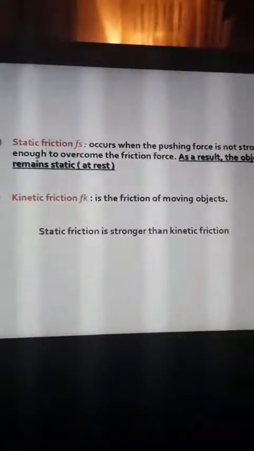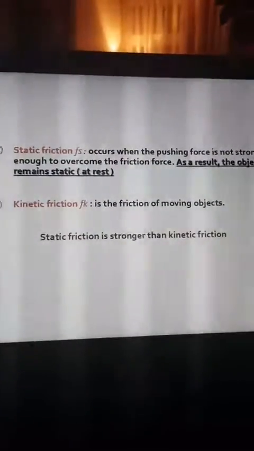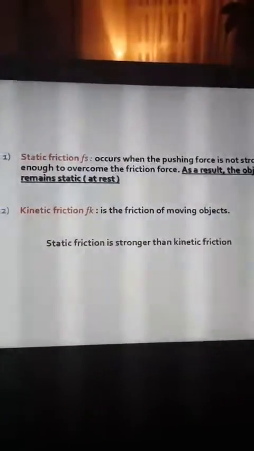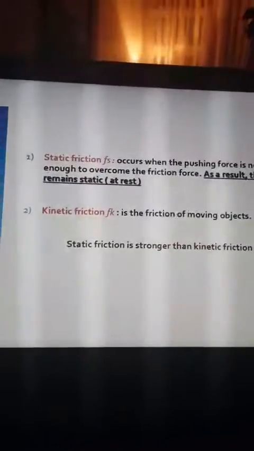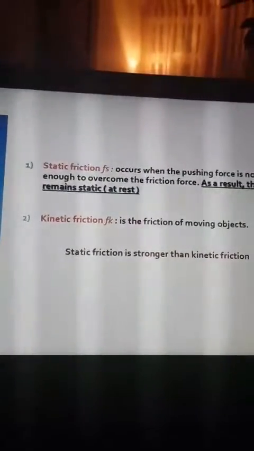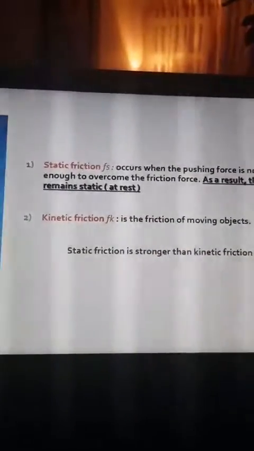Kinetic is the friction of moving objects. While they are moving, they still have friction, but in this case we say that this is kinetic friction, not static. So in both cases, moving or at rest, there is friction, but not the same friction.